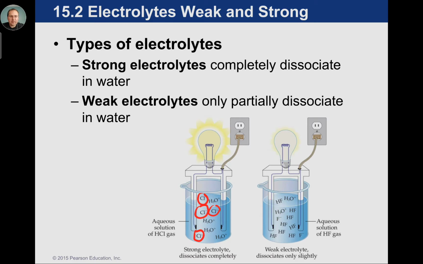But notice over here we see HFs mostly together, and then every once in a while, we see an F by itself. Seeing them completely separated over here, but only slightly separated over here, tells us there's a difference in the size of ions that are formed with regards to acid.